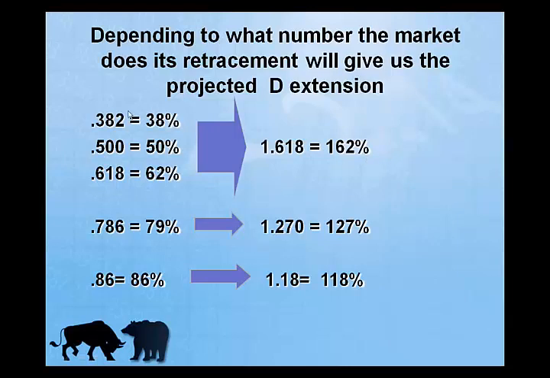Now, if the market doesn't bounce on these levels and goes all the way to the 78.6%, or near 79%, the market is going to extend itself to 127%. And then there's another number, which is the last place and probably the least probable. When it hits the 86%, the market has run out of gas. It's only going to go to 118%.